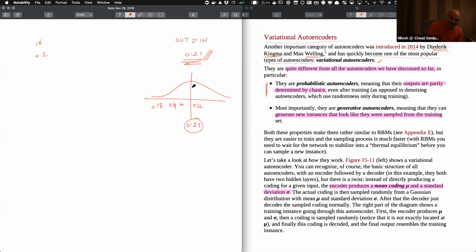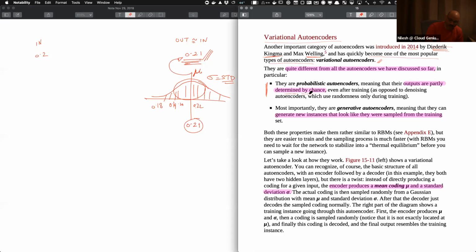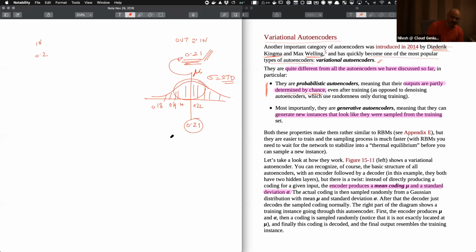And there are some chances these numbers can be all over the map. And of course, this means that there is a standard deviation that goes along with the mean value. The mean value is this. And so that's the idea of chance, that it can be all over the map.